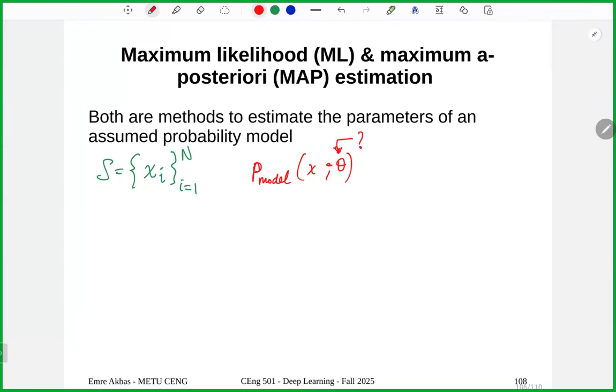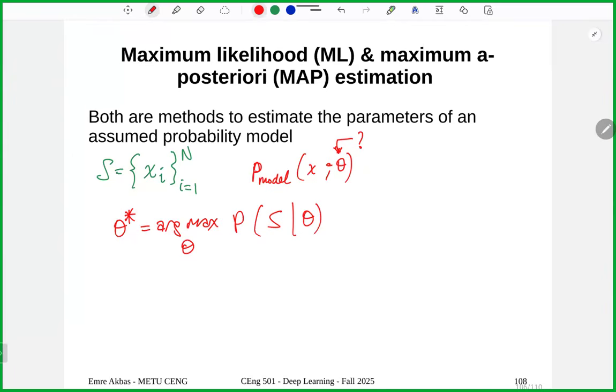Let's look at maximum likelihood first. In maximum likelihood, we want to find the optimal parameter: argmax, search over theta, of the probability of data given the parameter.